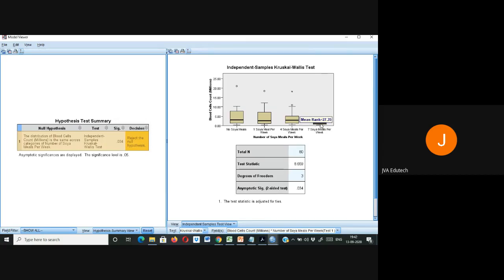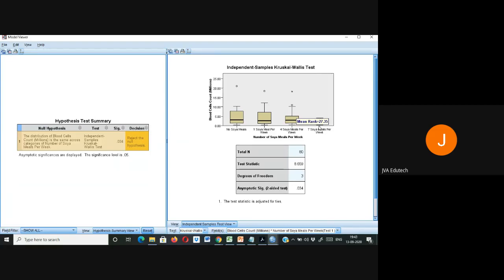So perhaps this is where the difference lies. Graphically, you will see that the people who eat 7 soya meals per week had significantly lower blood cell counts. However, this conclusion is very subjective. So to have an accurate view, we need to do some follow-up analysis.